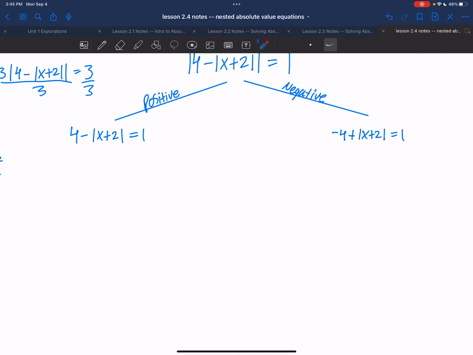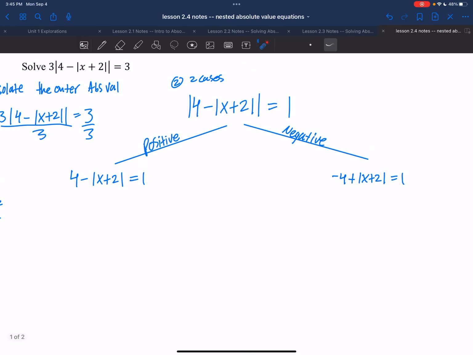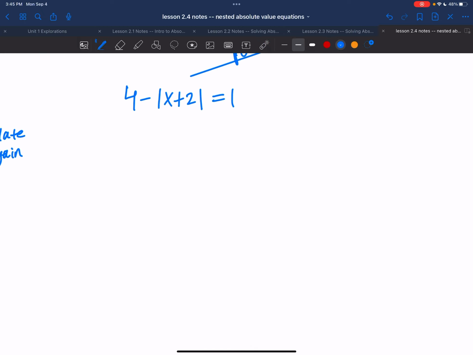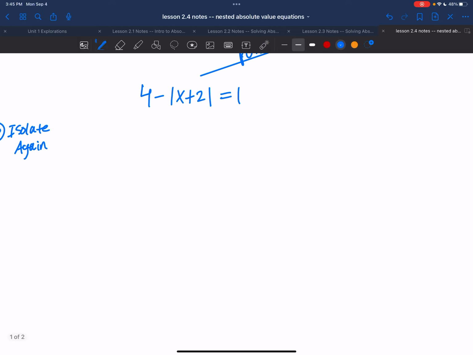This is just like solve, right? If I just handed you this, you would do the same old process. So that's all that's different. I could basically end the video here. You start with the outer, you create your two cases, and then now it's two separate absolute value problems to solve. But I'll go ahead and help out.